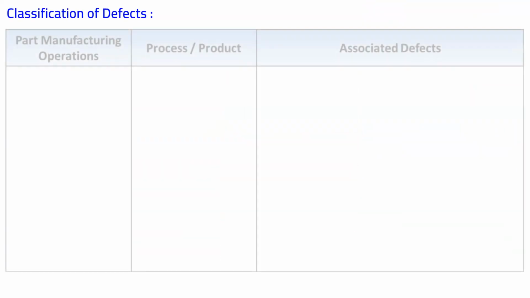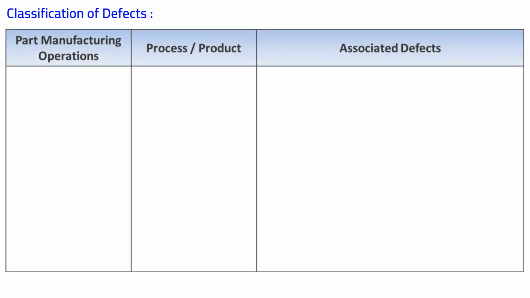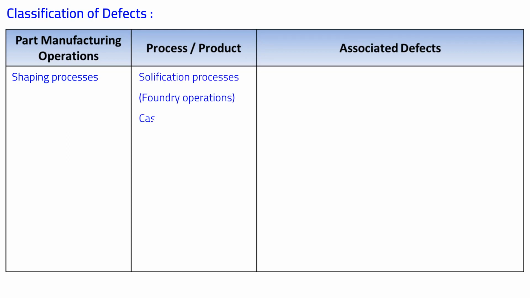Now, we will see defects associated with various manufacturing processes. In shaping processes, we will see foundry operations. Foundry operations are divided into four categories: cast, ingot or billet, sand casting, die casting, and investment casting.